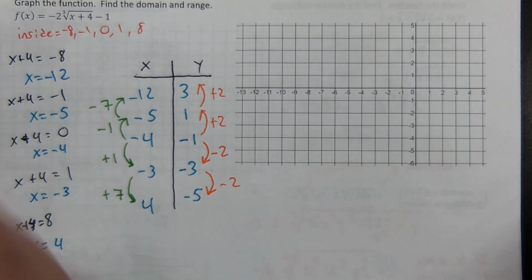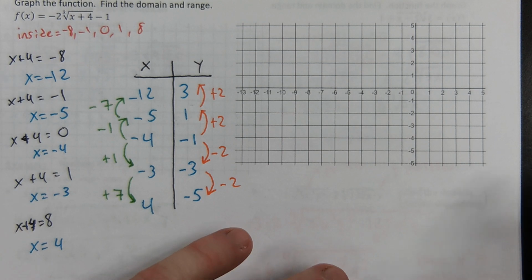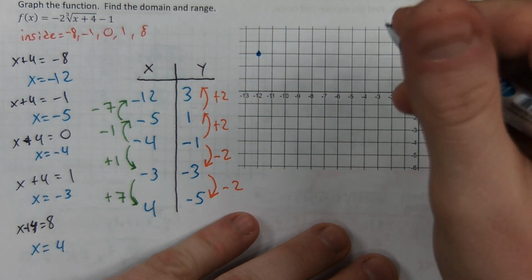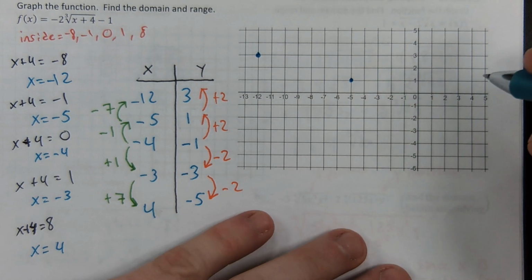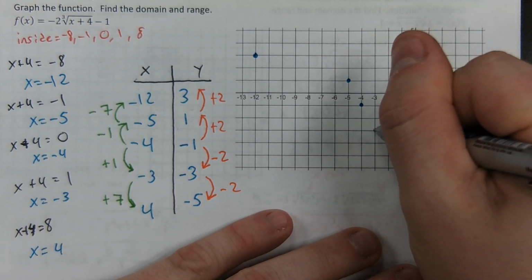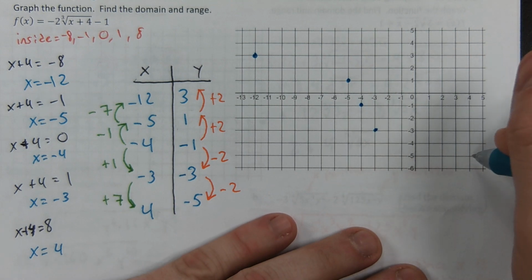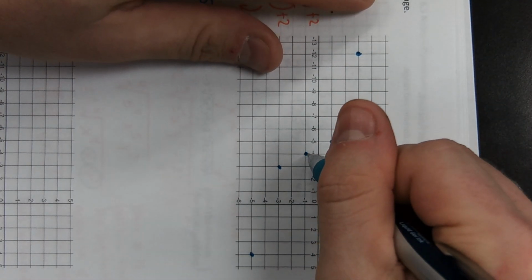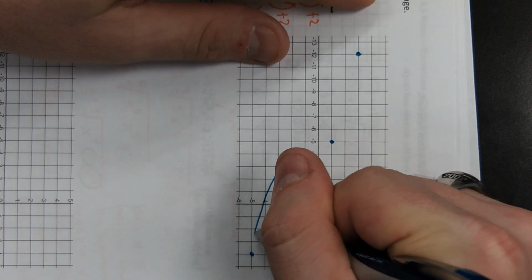Let's plot these dots. -12, 3. -5, 1. -4, -1. -3, -3. And 4, -5. These are kind of tough to draw. I do them better from my inflection point down.